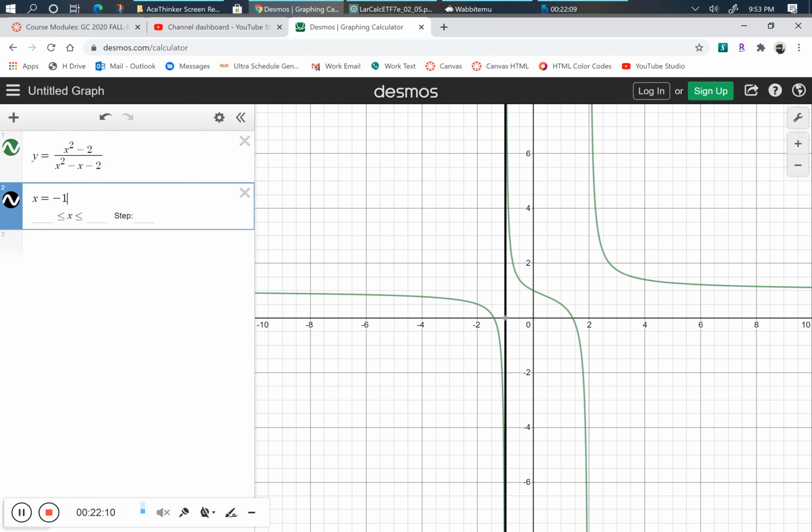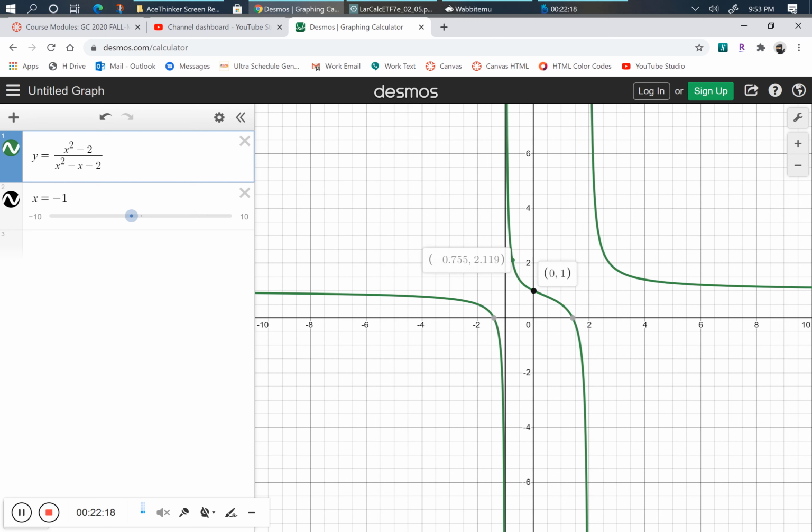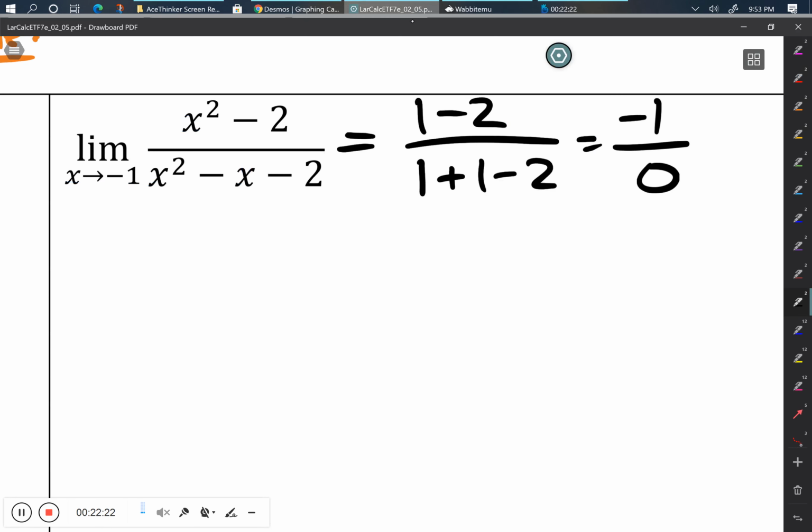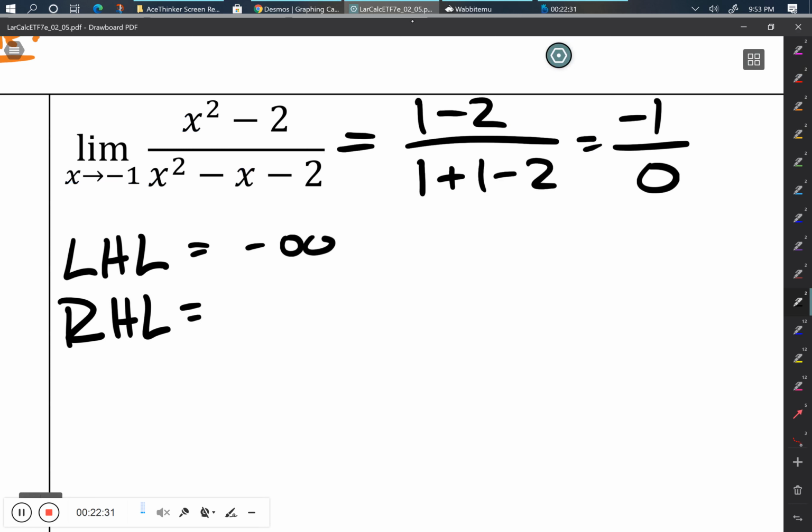All right. This was not a one-sided limit. So I have a problem because from the left, this thing is going down. From the right, this thing is going up. So the left-hand limit was negative infinity. The right-hand limit was positive infinity. So what is the limit?